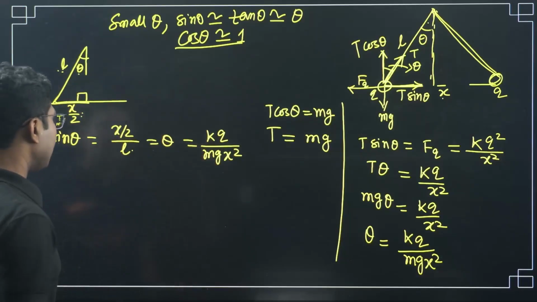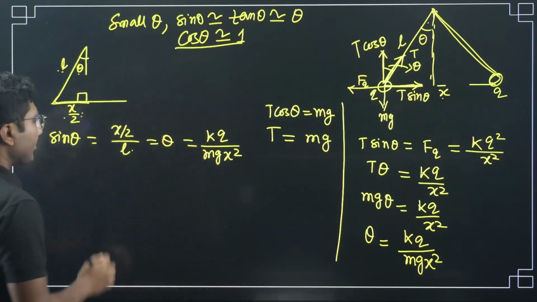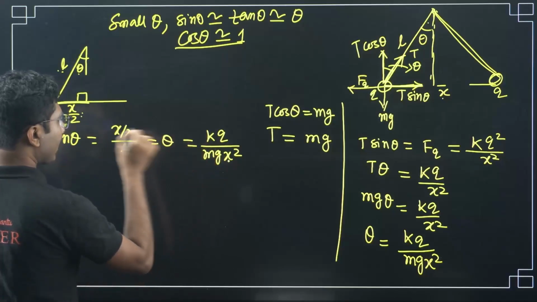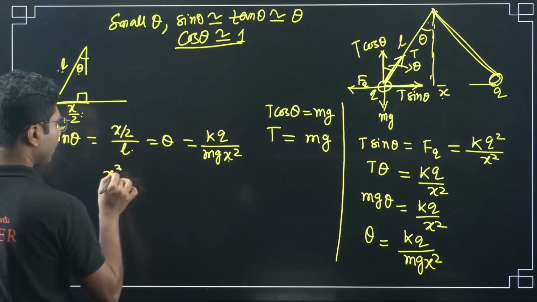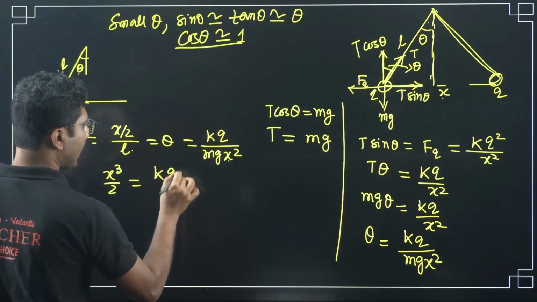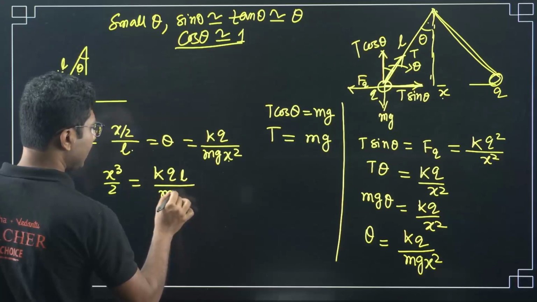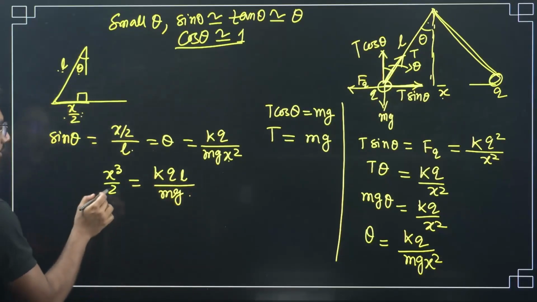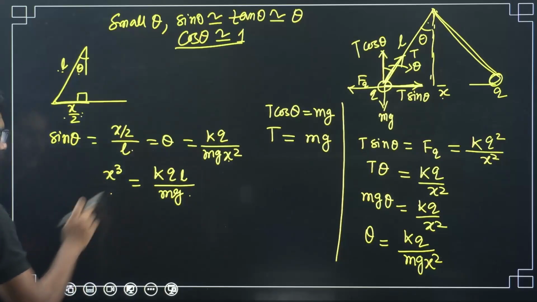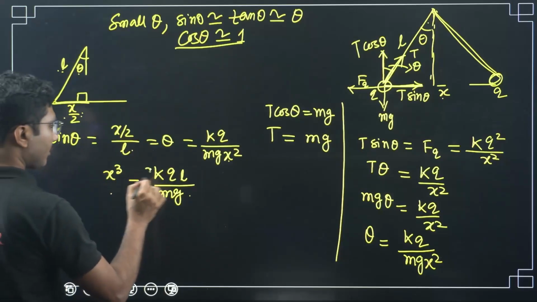Okay, so now let's simplify this. So we will get this as: this x square will come to this side, so x cube by 2 equals kqL by mg, right? Now these two will also come over here, so you have to take this two also over here.